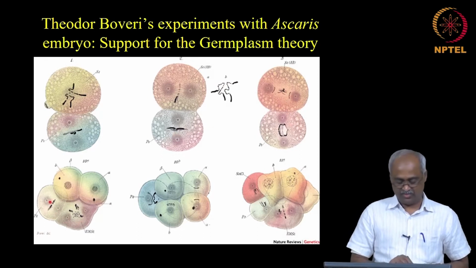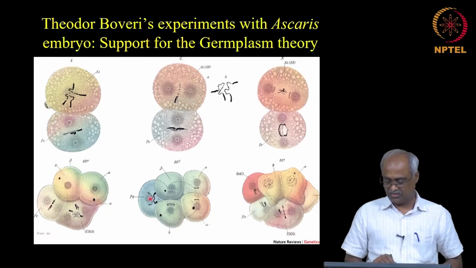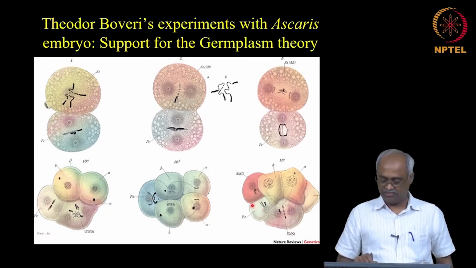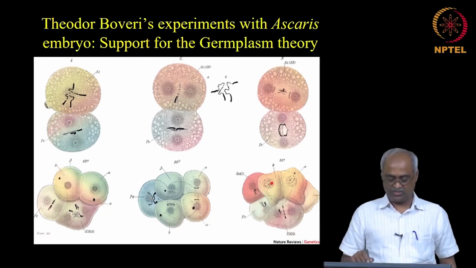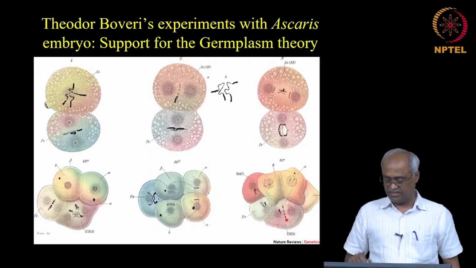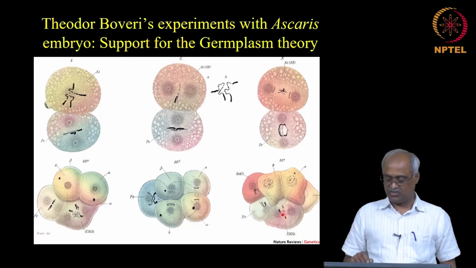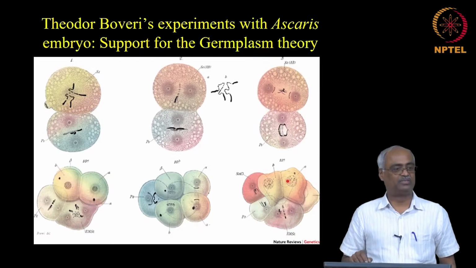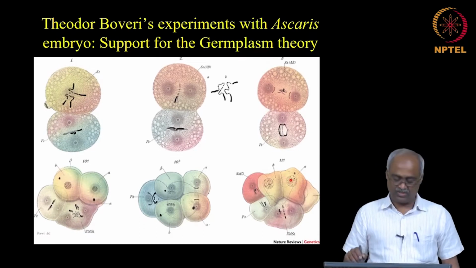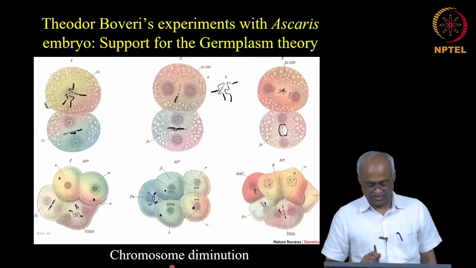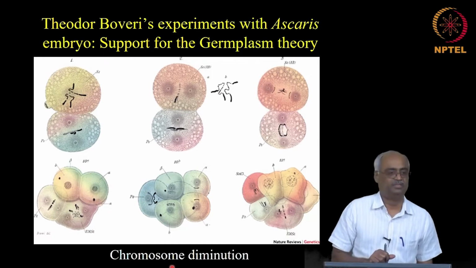This is the one that is going to be germ cell, this is the one that is going to be germ cell, and you look at the adjacent cells, the chromosomes break. Compared to this, this is the most recent one that came out of this lineage. Here it is not fragmented so much, but in earlier somatic blastomeres you see it fragmented very strongly. This process is called chromosome diminution.